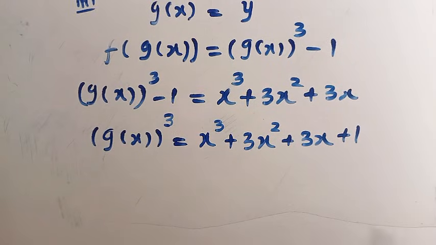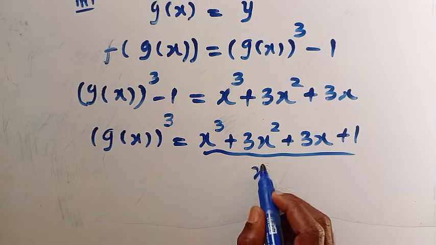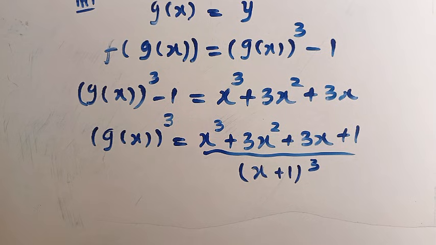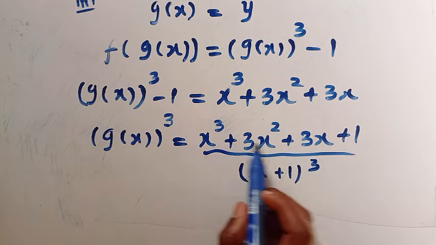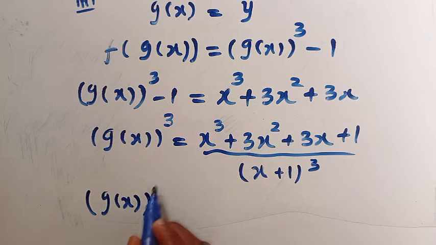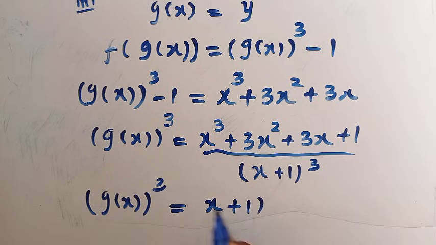Looking at this right hand side, this is x plus 1 raised to power 3. By applying the binomial expansion, expanding x plus 1 power 3, we get all this. So g of x power 3 equals x plus 1 power 3.